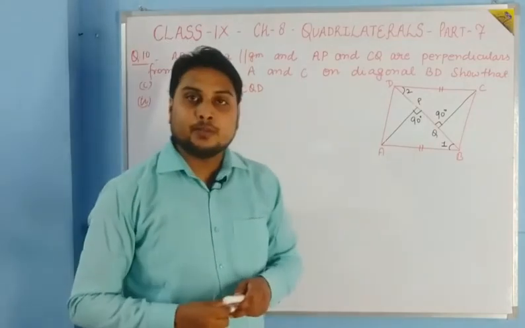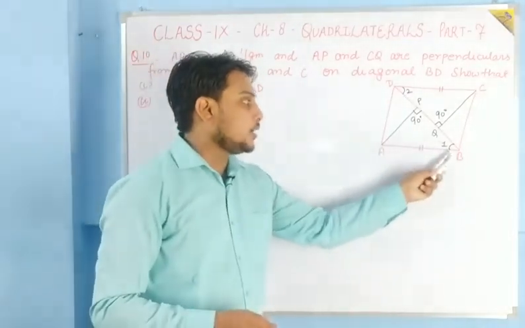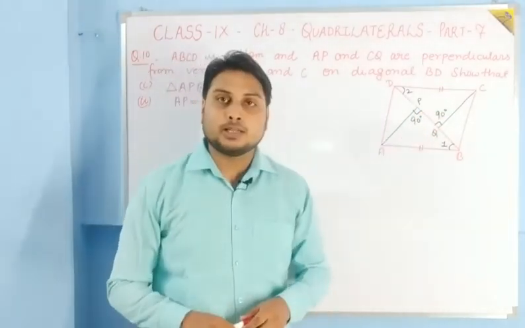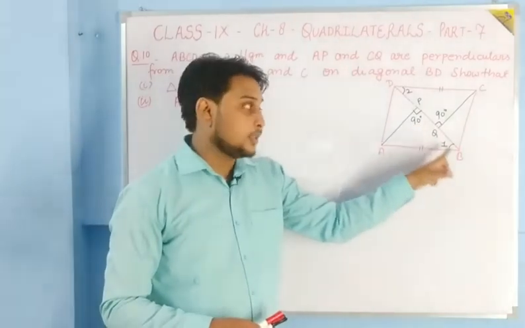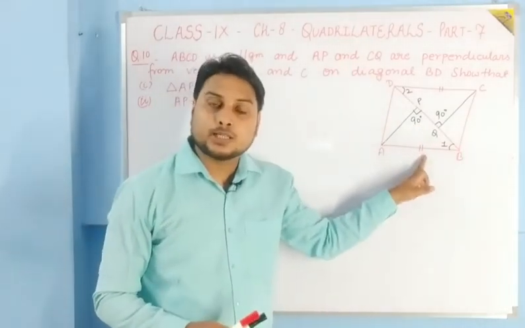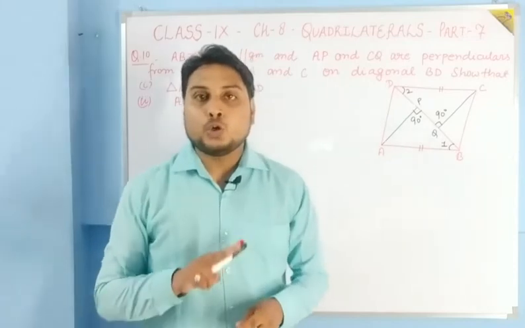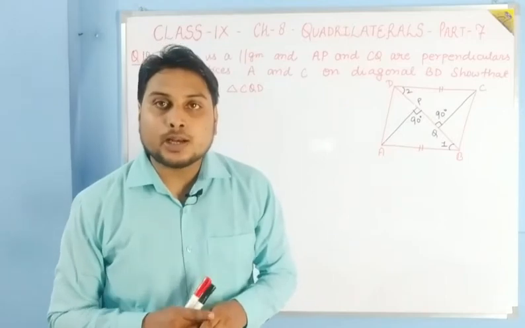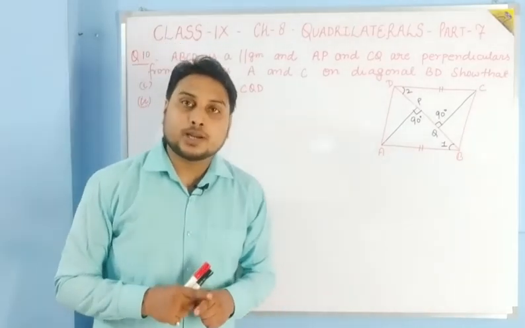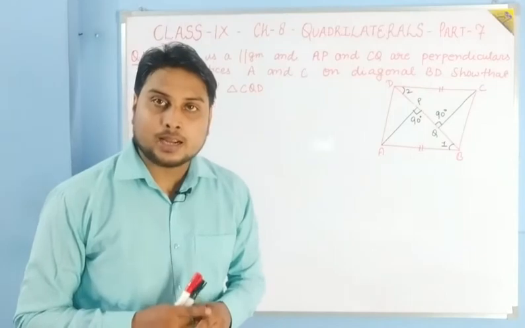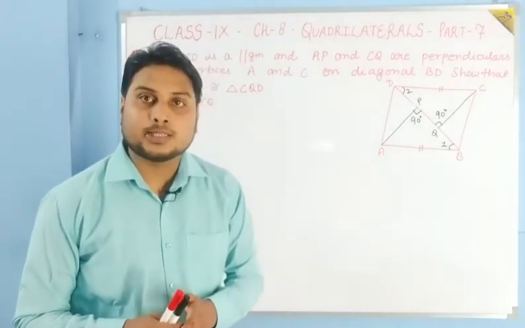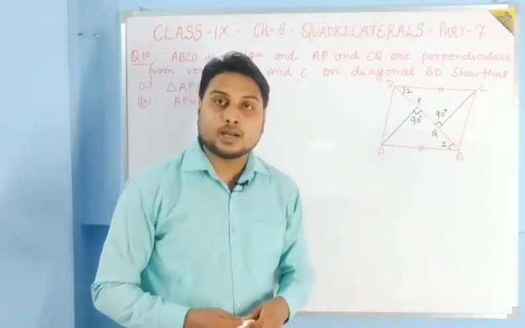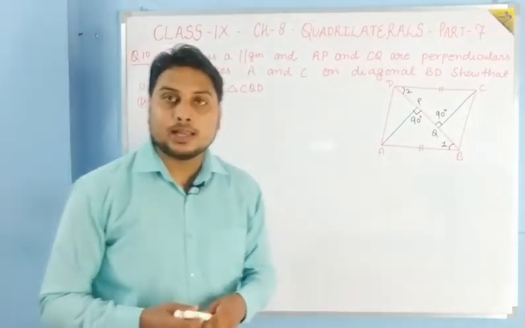So by the method of angle side, can we show that these two triangles are congruent? Yes, this is an angle, and this is a non-included side. Whenever two angles and one non-included side are there, we use angle side. So here we will show that these two triangles are congruent with the help of angle side.